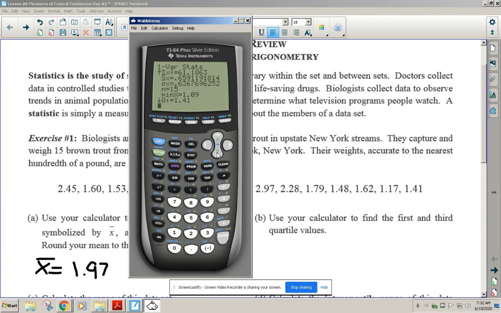Quartile 1, the first 25% of your data would begin at 1.41 when your data is in order. Your median, your middle value, or quartile 2, is 1.62. Your upper quartile, your quartile 3, is 2.45, and your maximum is 2.97.